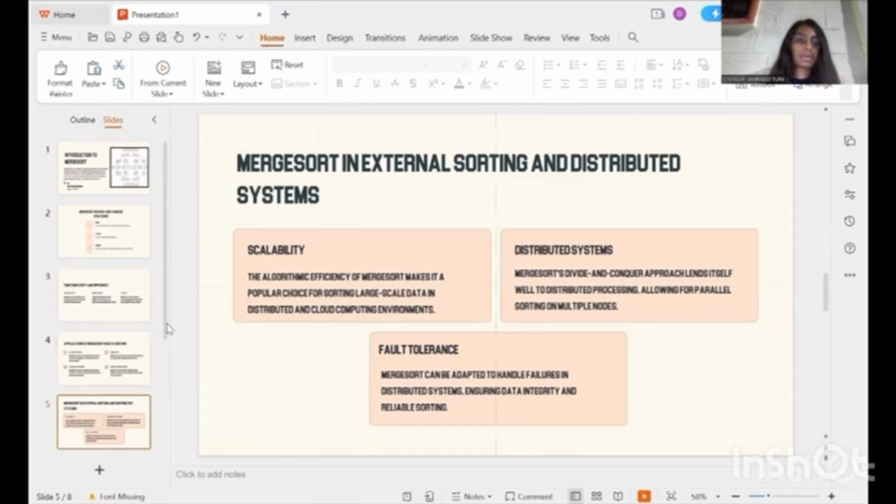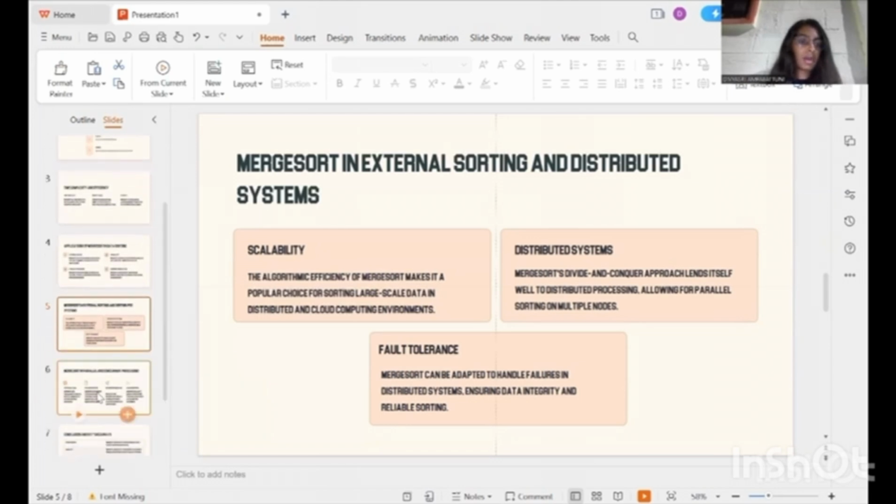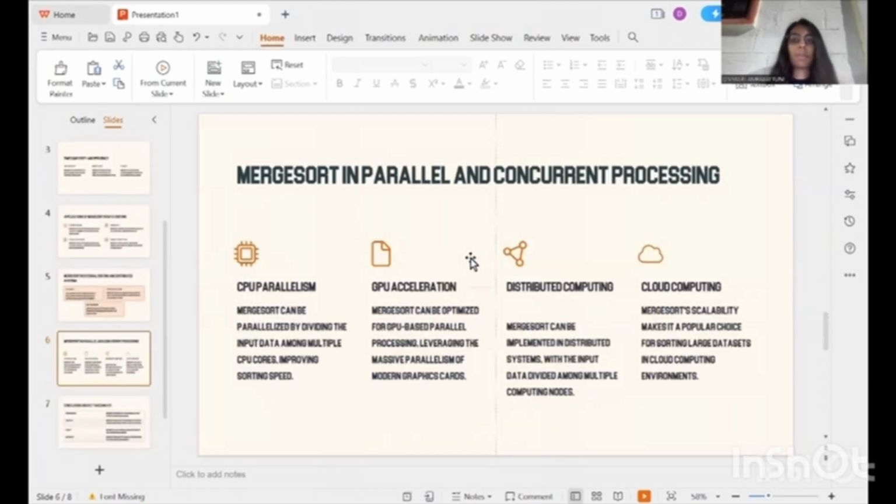Now, coming to the next slide, we have merge sort in parallel and concurrent processing. Here we have four things: CPU parallelism, GPU acceleration, distributed computing, and cloud computing. Coming to CPU parallelism, our software will have a number of tasks that need to be performed simultaneously.